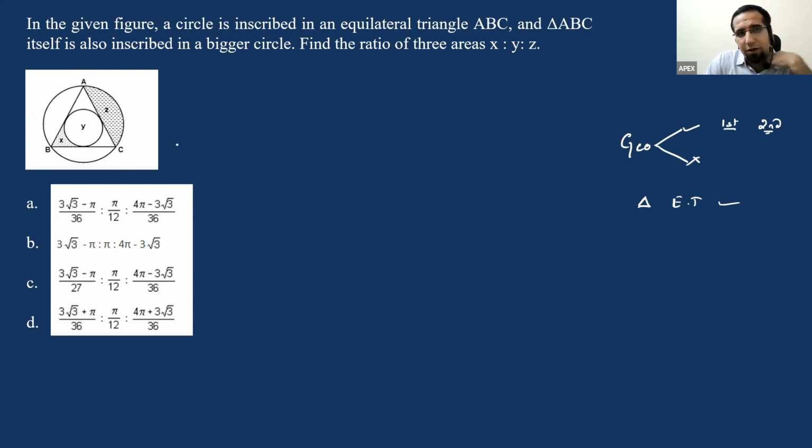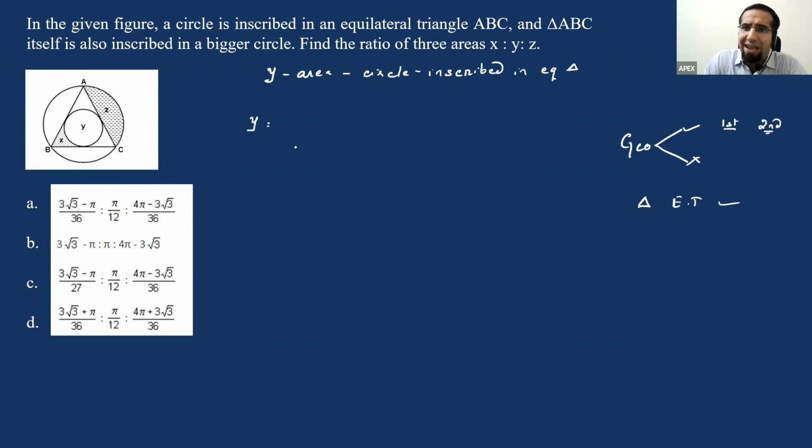Now, if I want the value, the area of y, what is y? So y is the area of the incircle inscribed in the equilateral triangle. So let's first quickly calculate the value of y.